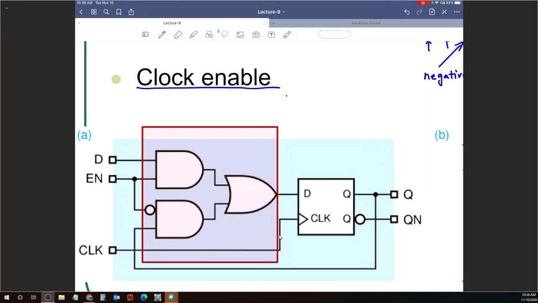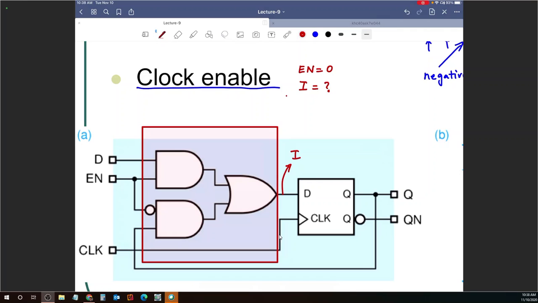try to answer this. Over here, if enable is 0, what is, let's call this intermediate I. What is I here when enable is 0? Q, right?